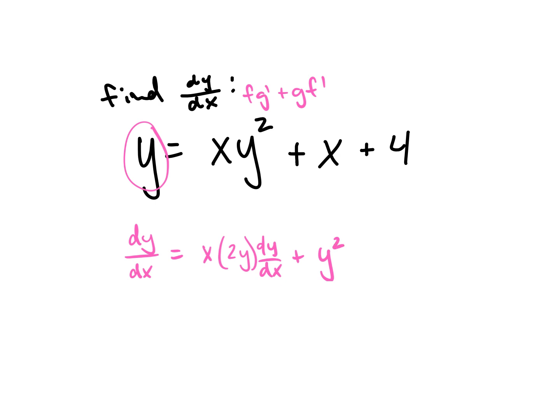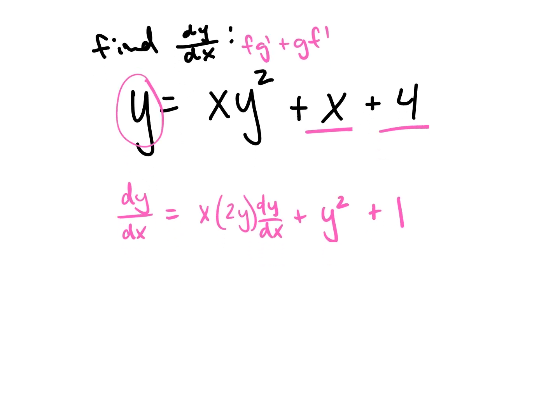What's the derivative of x? 1. Then plus, next we have x. What's the derivative of x? 1. And then what's the derivative of 4? 0. So be careful here. Make sure when you take the derivative of x, you put the 1 there. Sometimes we forget because it doesn't have a coefficient, but that coefficient is 1. So don't forget that. Let's simplify.